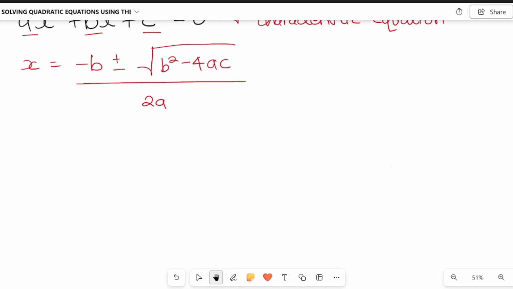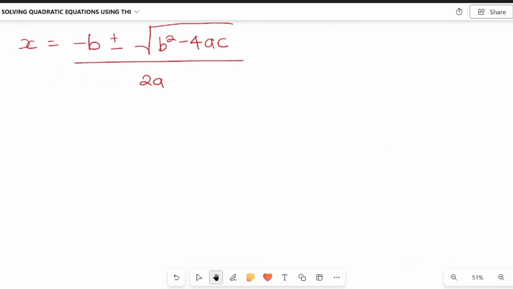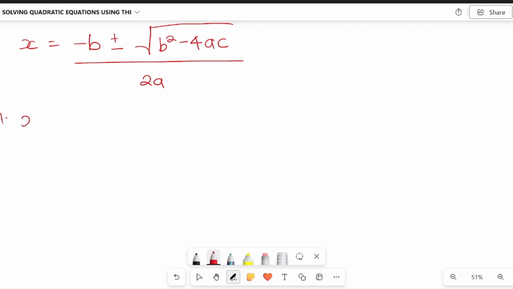Now let us use this formula to solve a couple of quadratic equations. In our first example, we'll have x squared plus 2x minus 8 equals 0. The first step is to find the values of a, b, and c.